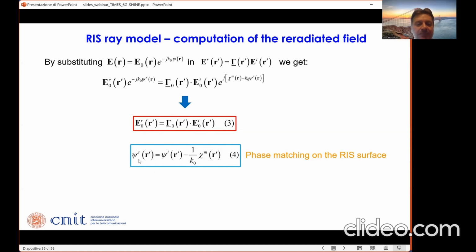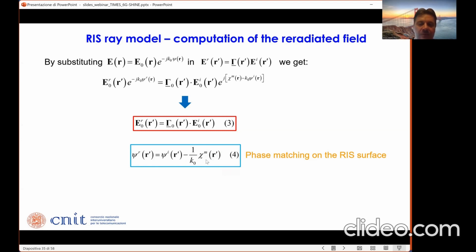So it means that the phase of the reflected field on the tile is equal to the phase of the incident field on the tile minus this factor, which is related to the phase modulation Km imposed by the RIS. Okay, this is the starting point of our model.